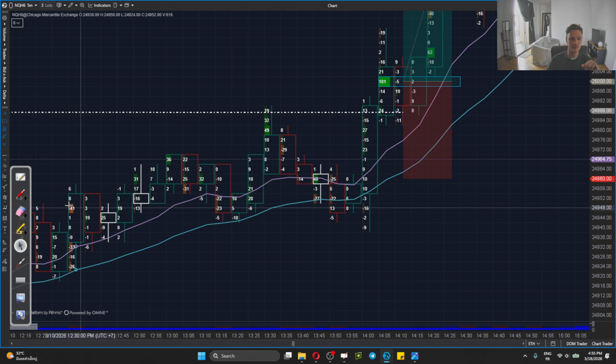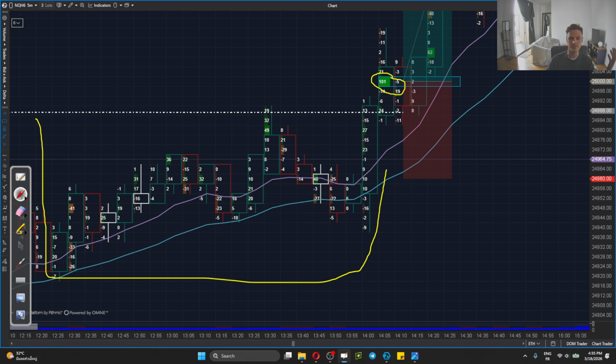But if you compare the numbers here, 101, look at the amount of contracts that were traded within this range here in the previous 20 candles. The highest amount of contracts, whether it's negative or positive delta, 41, minus 41, plus 36, plus 32, plus 49, and plus 40. These were the highest clusters we've had before.